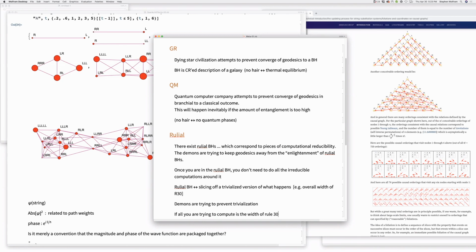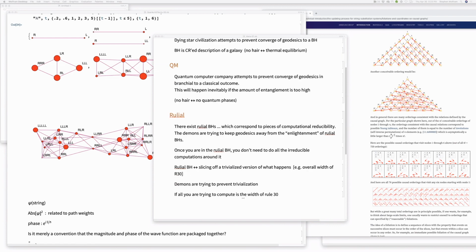That's one way of thinking about computational reducibility: you're increasing the size of the equivalence class of algorithms. So computational equivalence is defining a certain cone of equivalent algorithms.